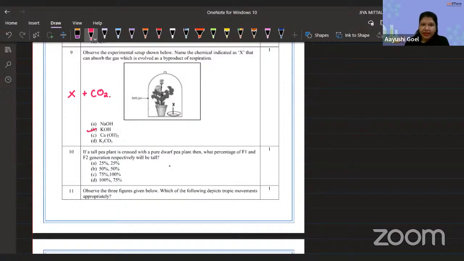And here they have just given the name, but they can give you the reaction also. So what will be the reaction? What is the product formed when KOH reacts with carbon dioxide? Yes, we have learned this portion also. Okay, so the answer is basically K2CO3 plus water. That is potassium carbonate.